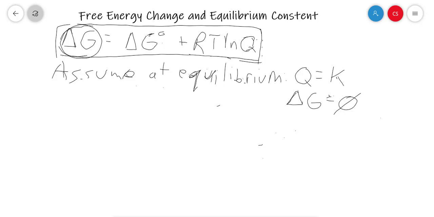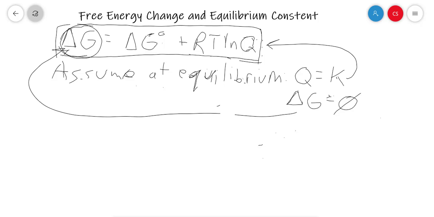So if we take those two things and plug them back into this expression, we have a 0 on the left, and that's going to equal the standard delta G, which remember, is not at equilibrium. It's just at 1 molarity and 1 atmosphere pressures.